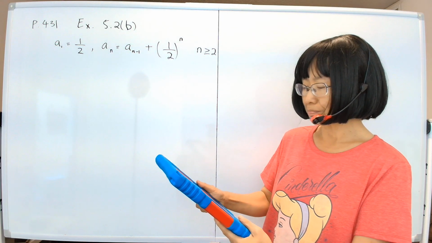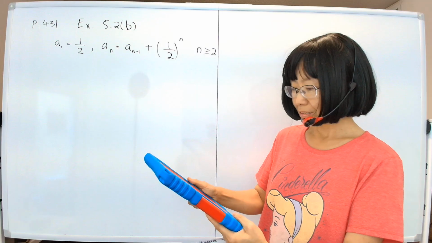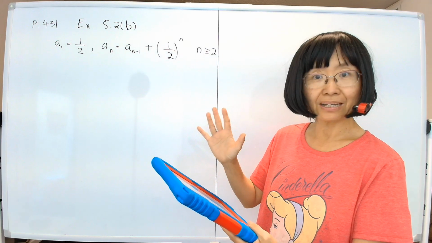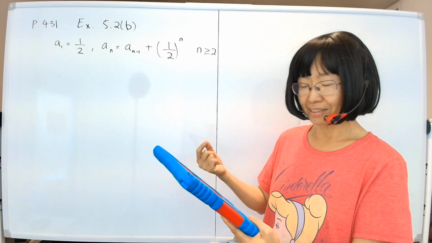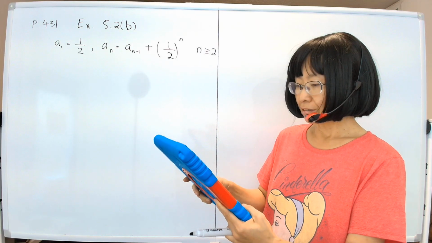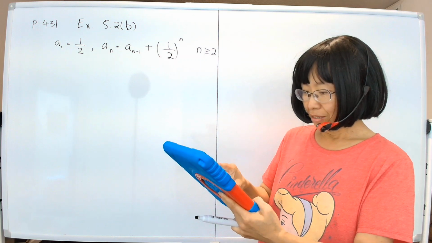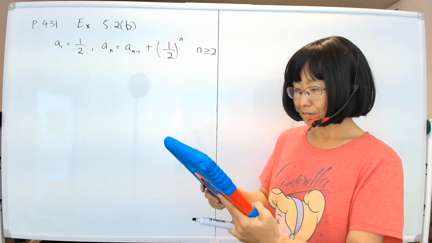So you see a pattern. That is, an is almost 1, but missing 1 over 2 to the power n, which is fine. That does appear to be the pattern.